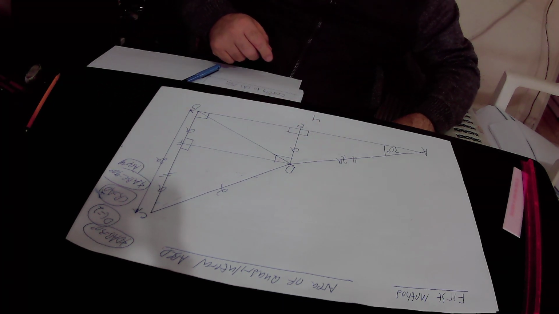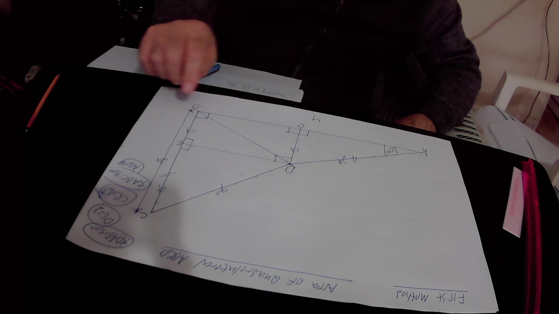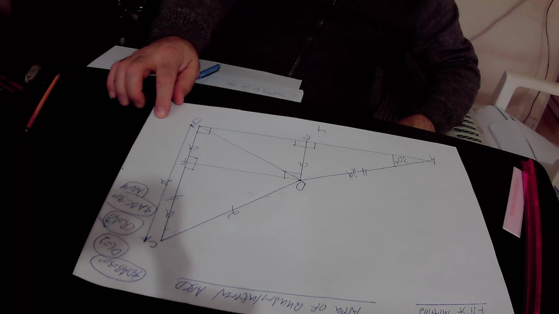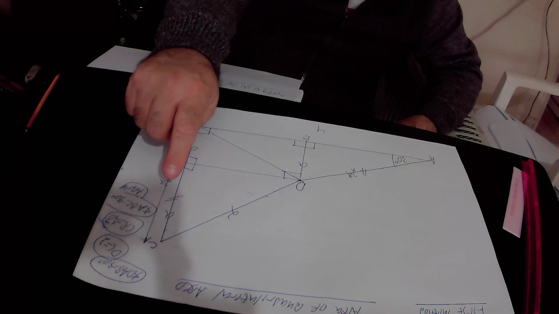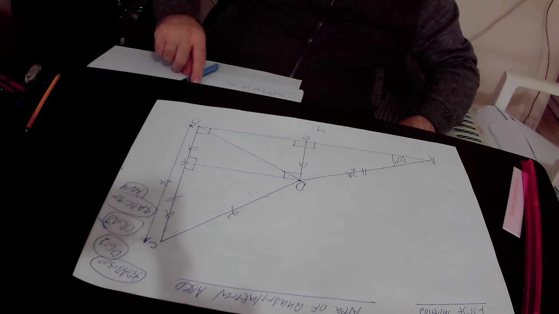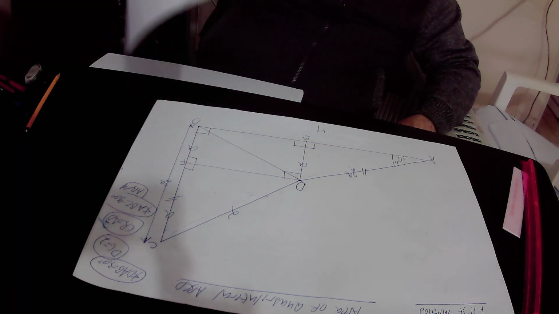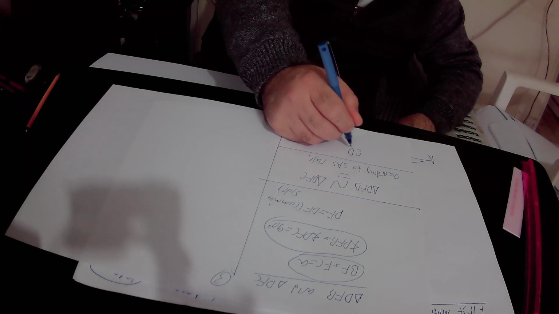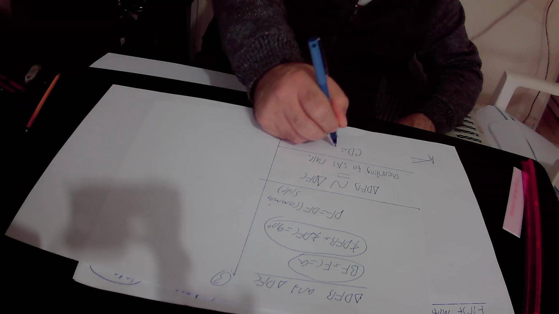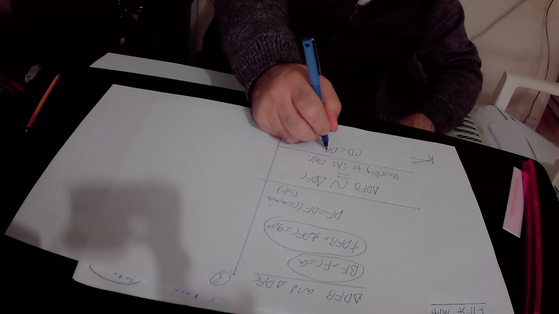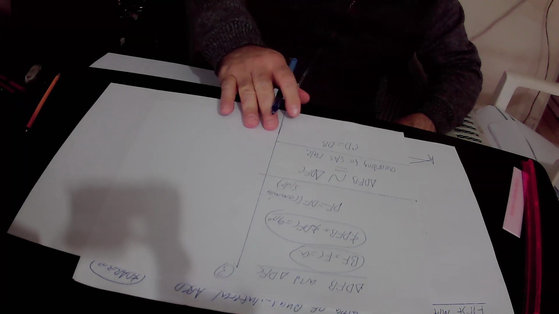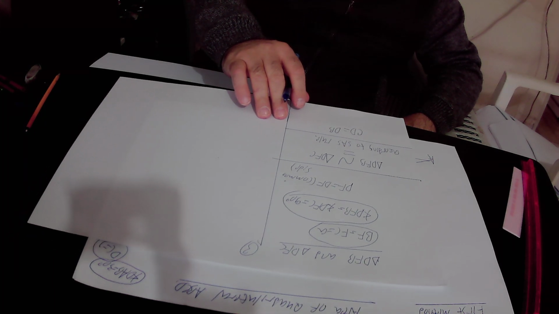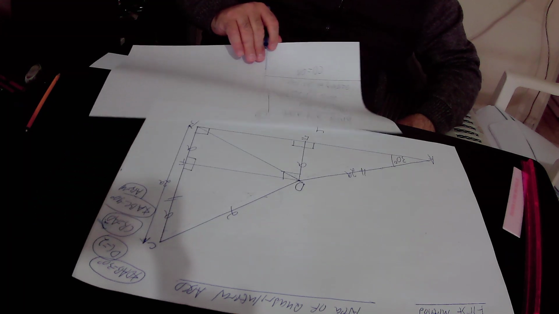And from the fact that those two triangles are congruent, we will conclude that CD equals DB, according to the rule that corresponding sides in congruent triangles are equal to each other.